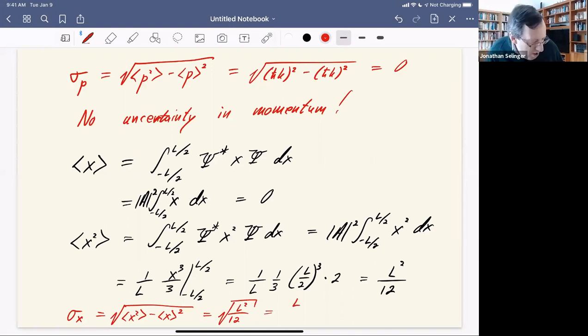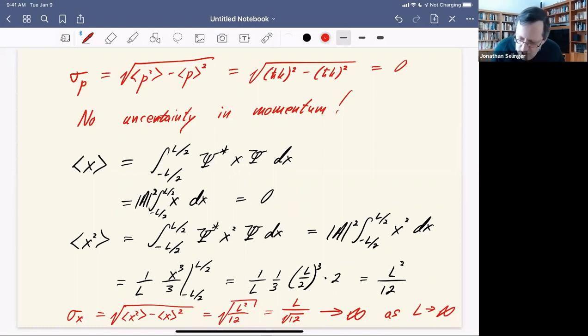So that's L over root 12. Okay. And now we can take the limit as L goes to infinity, and this goes to infinity, right, as L goes to infinity.